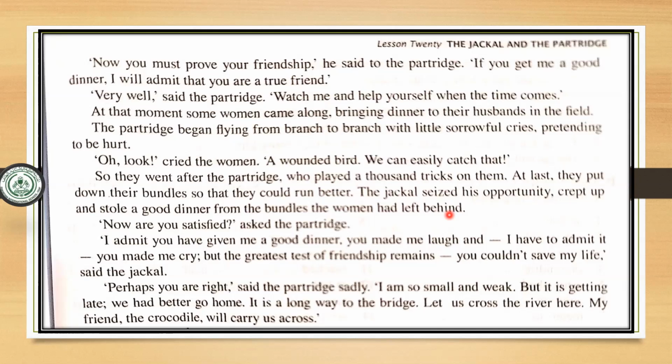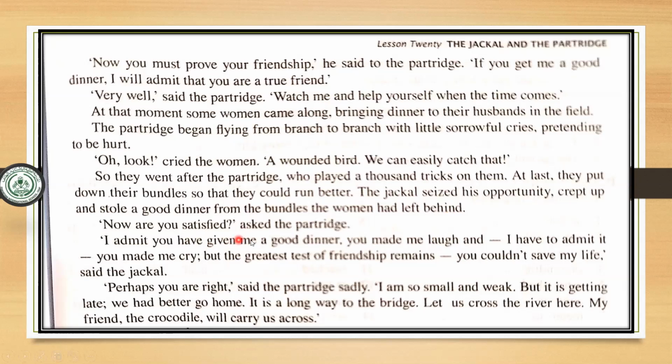The women thought it was a wounded bird, and they easily ran to help. They put their dinners on the ground and ran to help the partridge. And then the partridge took the dinner for the jackal.